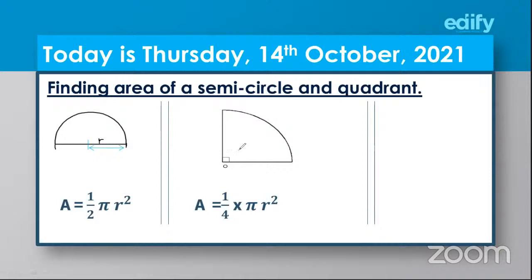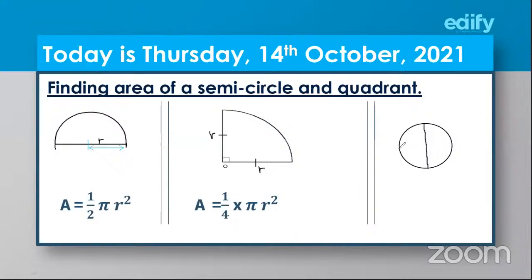And then for a quadrant, this one is the radius, and also this one is the radius. Because if I draw a circle like this, and I divide it into 4 equal parts, first into 2 equal parts it becomes a semicircle.